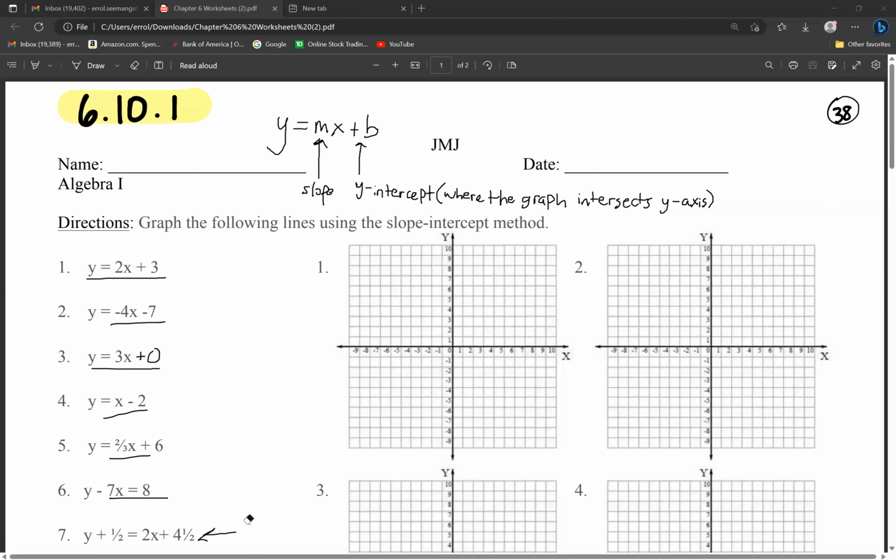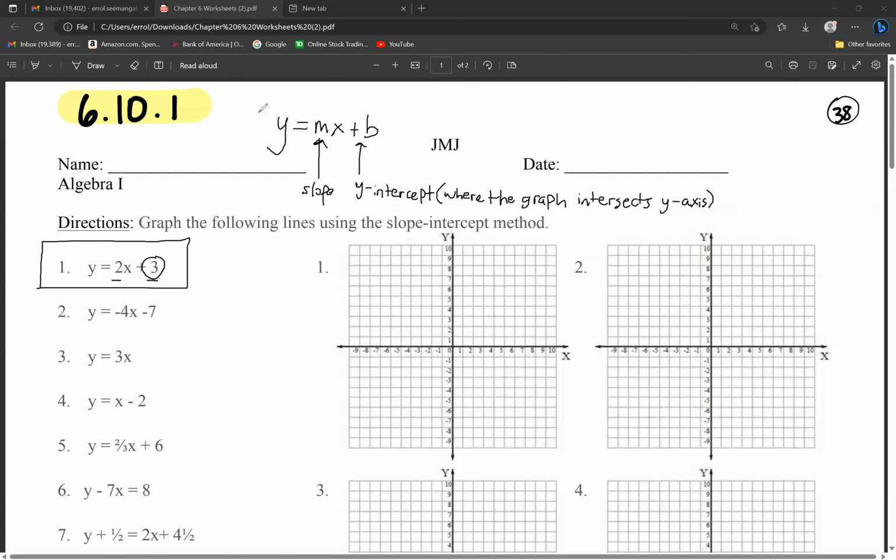All right, so 1 through 6 we can start right away. Okay, so where do we start? Number one, where do we start? Do we start with the slope or do we start with the y-intercept? No, we start with the y-intercept. So first, put it in the right form, right?